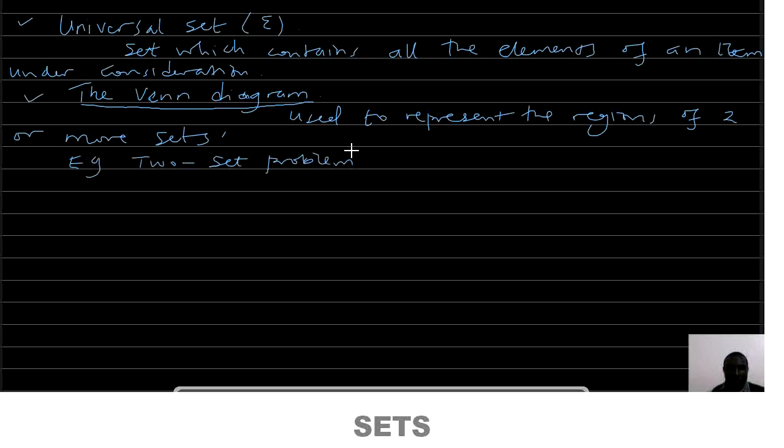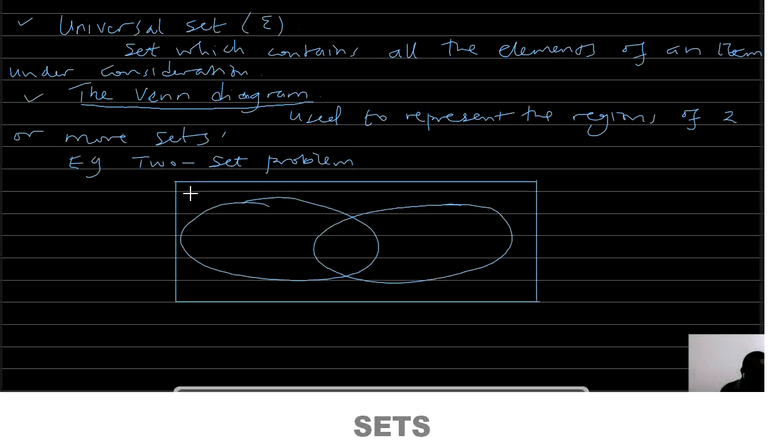After we have exhausted the two-set problem, we shall shift to a three-set problem. So we have two sets, A and B. The universal set is always going to be on top there. If this is set A, we shall have it being represented there. Set B, we have set A, set B. Then in the middle here, this is A intersection B.